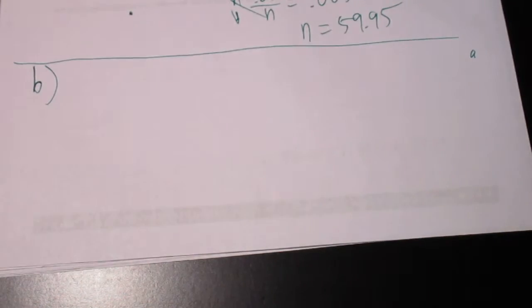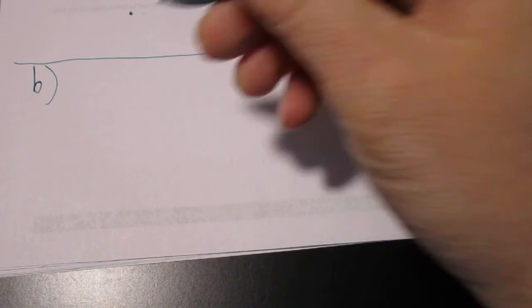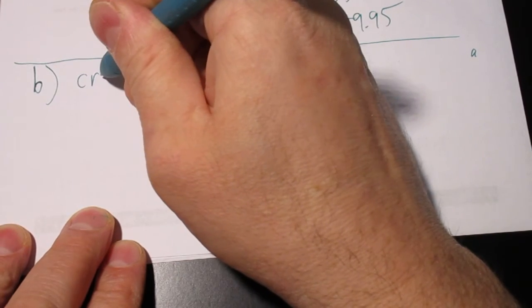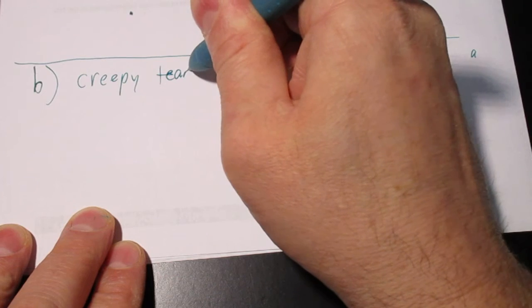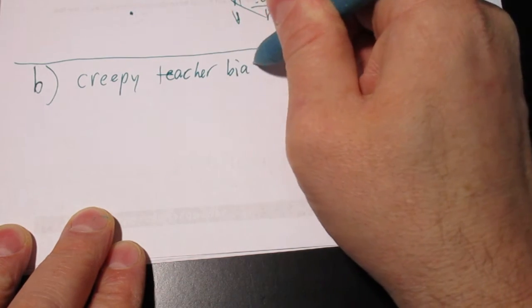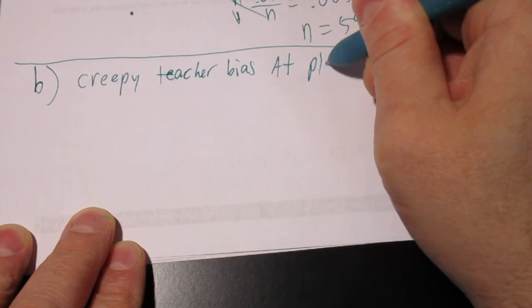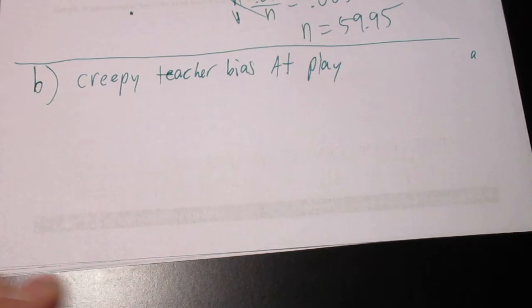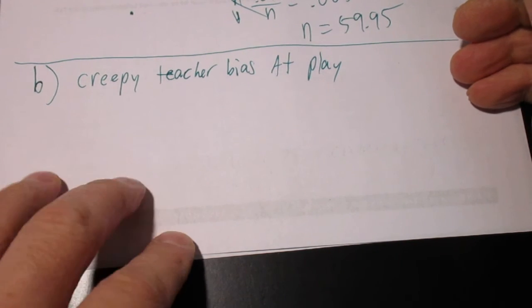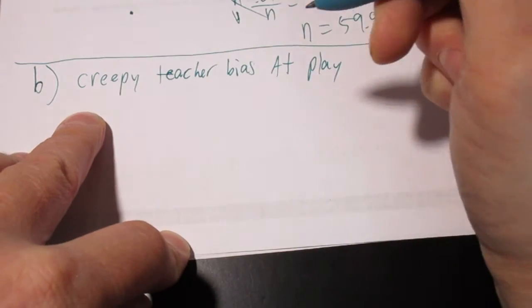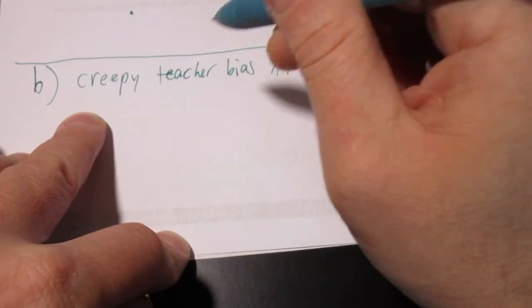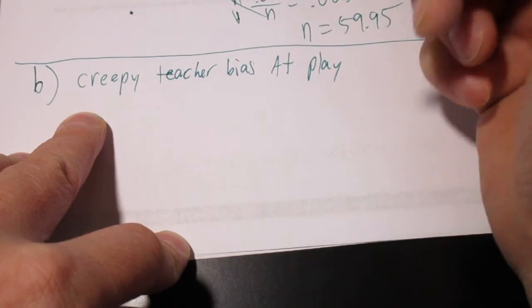So, the bias, I don't know how to describe that bias. Maybe creepy teacher bias. Creepy teacher bias at play. So I named the bias. Now you tell how this bias is going to change the results that you would normally get.